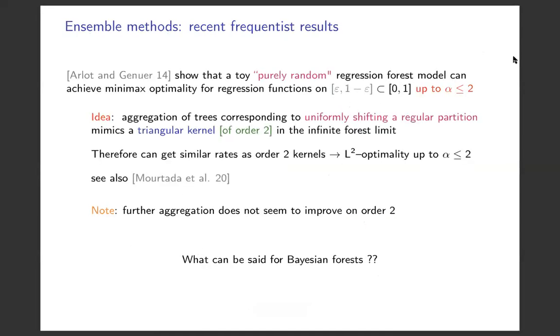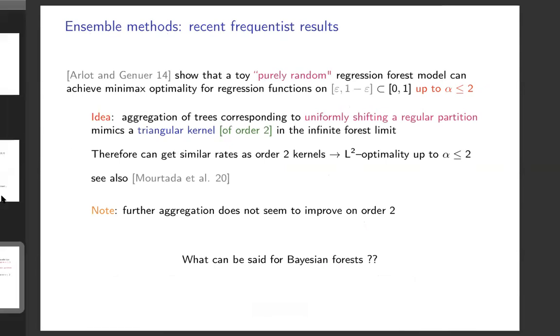And there is a very interesting, a beautiful result by Sylvain Arlot and Robin Genuer, who considered what they call a purely random forest model for regression.